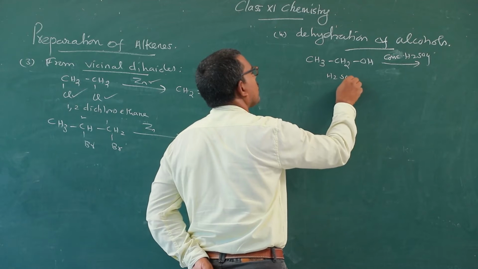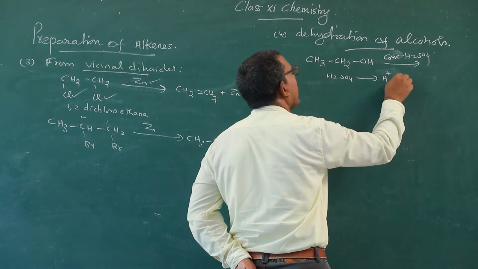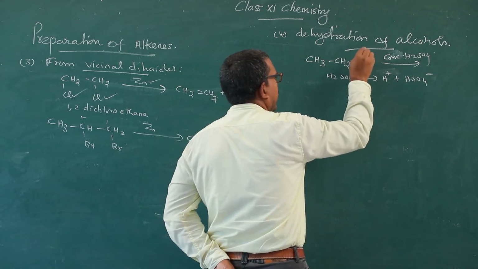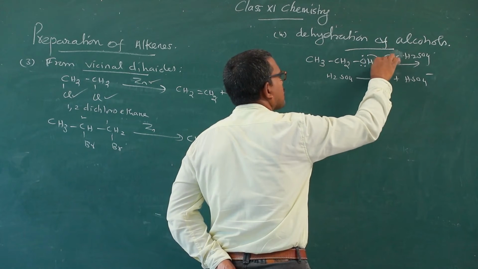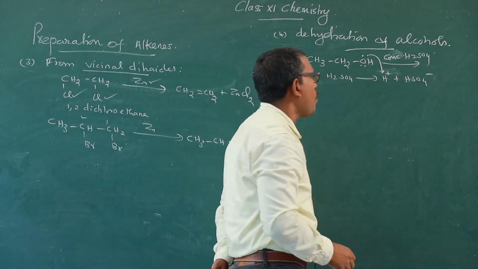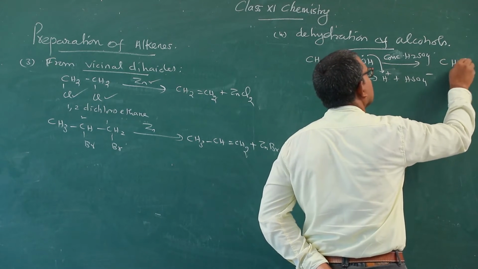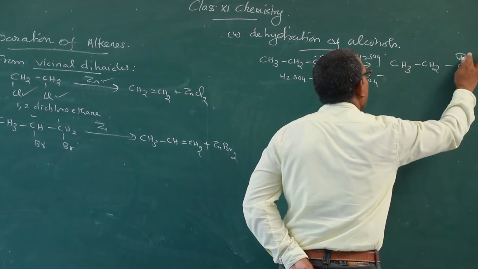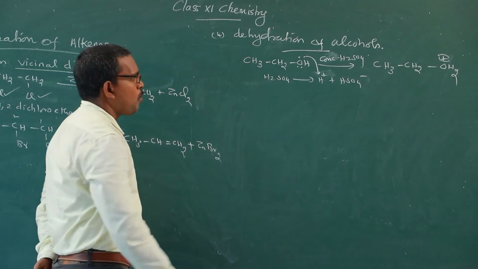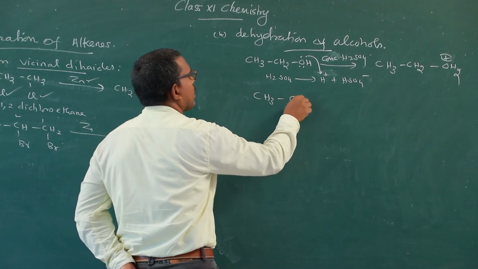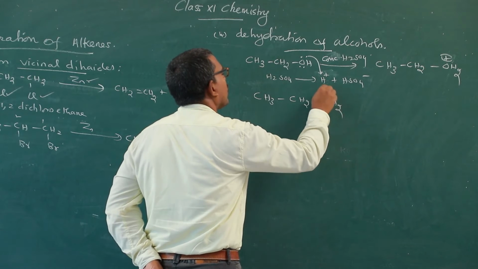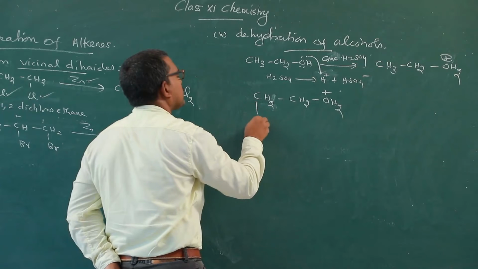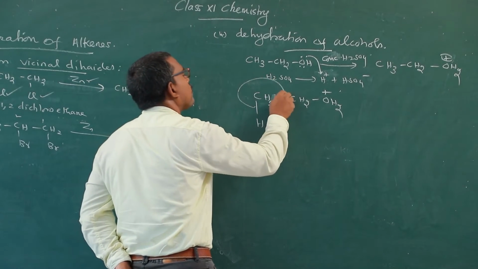Sulfuric acid, H2SO4, provides H plus and HSO4 minus. The oxygen containing a lone pair of electrons abstracts this proton to form protonated alcohol, CH3CH2OH2 plus. Once the protonated alcohol is formed, the further reaction takes place like this. This bond shifts here.